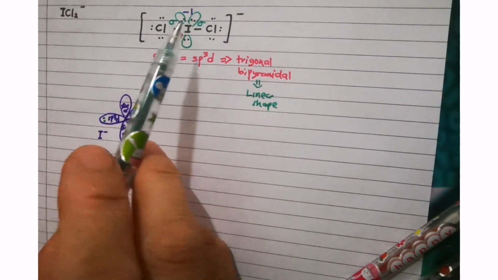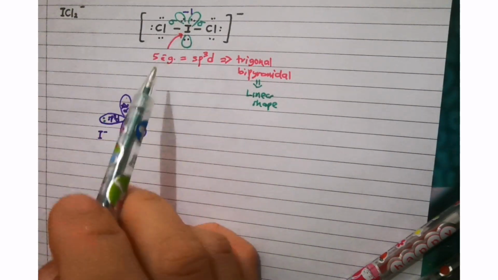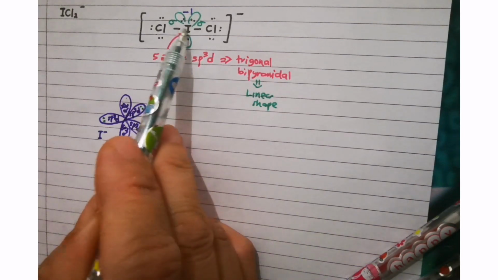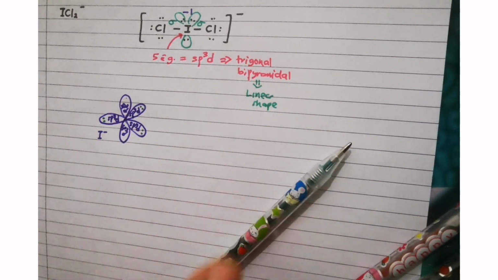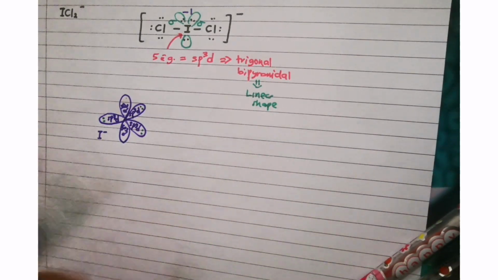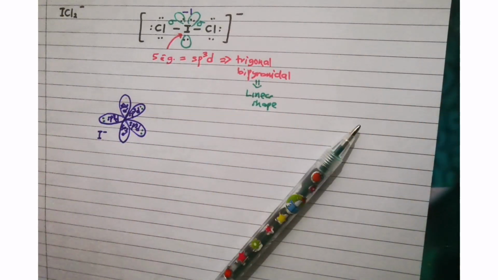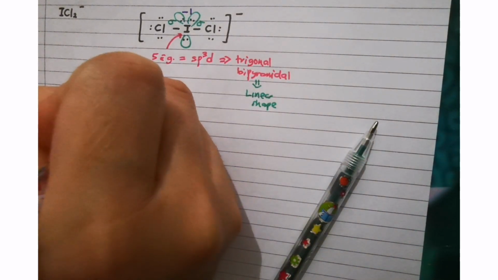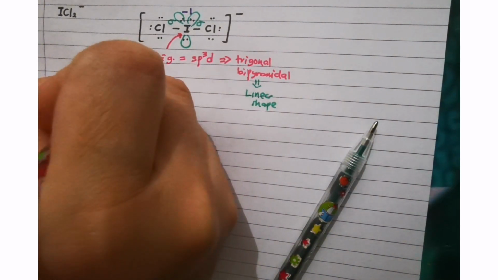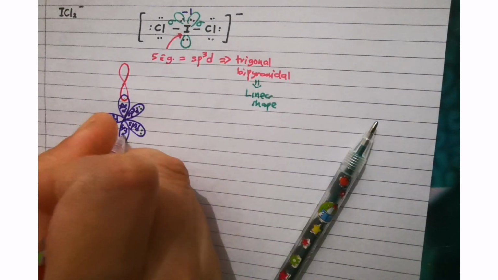The first sigma bond is sp3d of I- overlapping end to end with 3p of chlorine. So we draw the 3p of chlorine. It will overlap end to end.